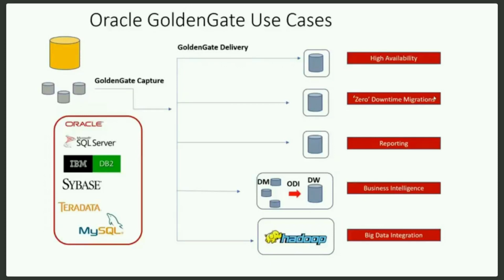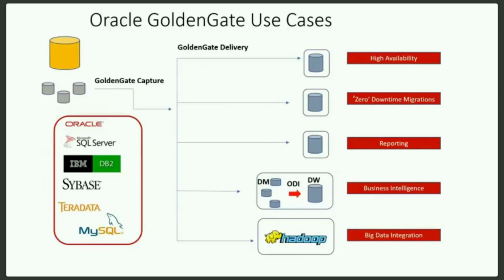And there are many different use cases for Oracle GoldenGate. It may be to provide a reporting solution, or it could be to provide high availability. It's also used for moving data to big data, for example, so you can integrate GoldenGate with Hadoop. And typically people are using GoldenGate to capture data and maybe also use it for reporting.